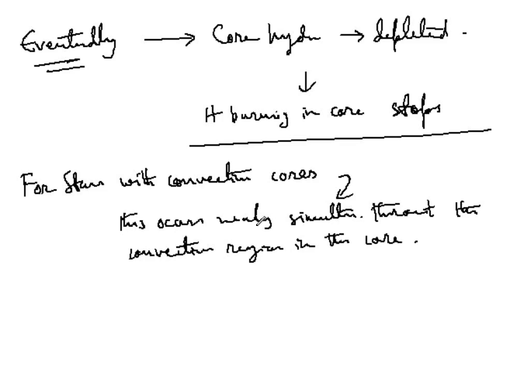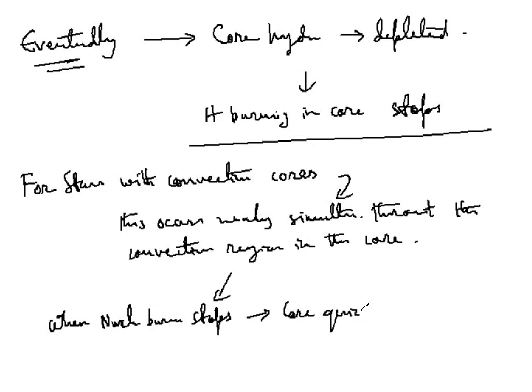Okay, so when the nuclear burning stops, the core quickly becomes isothermal. So this means that when nuclear burning stops, the core quickly becomes isothermal.